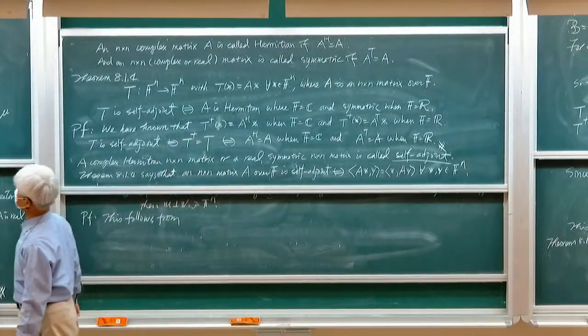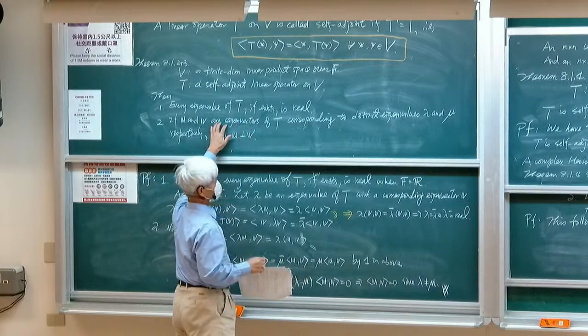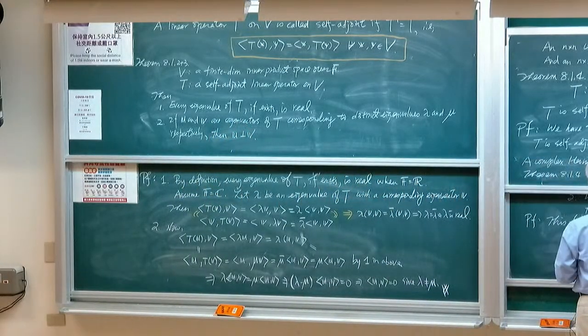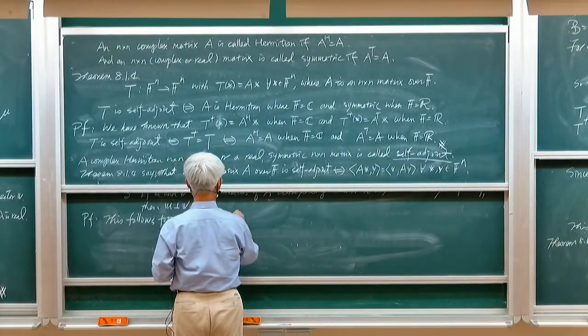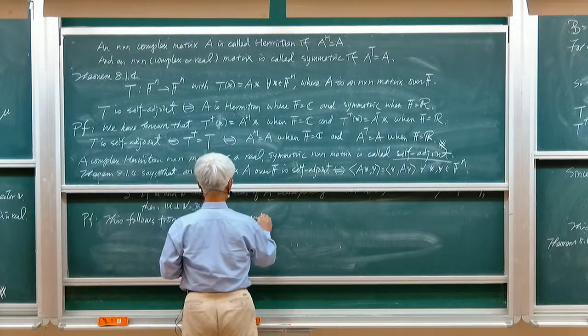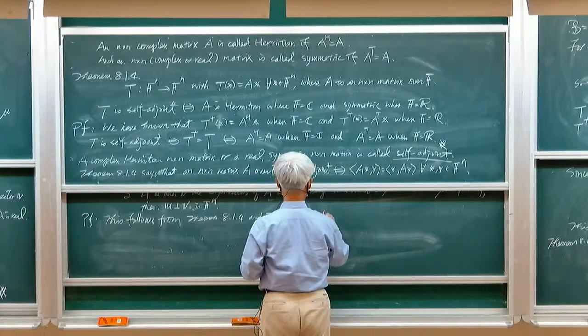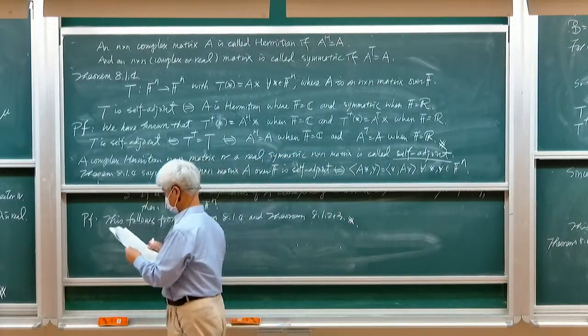And if T is self-adjoint, then every eigenvalue is real. So this follows from theorem 8.1.4 and theorem 8.1.2 plus 3. So that's easy.